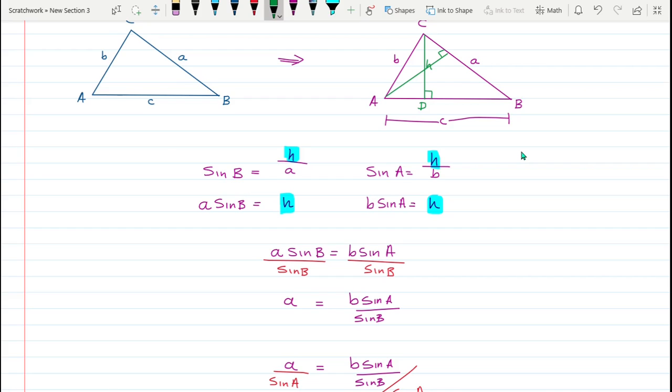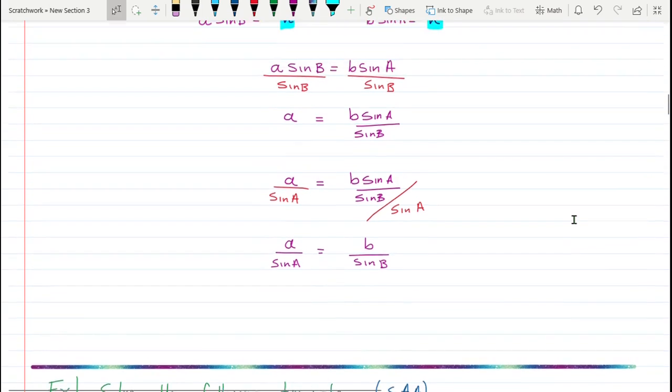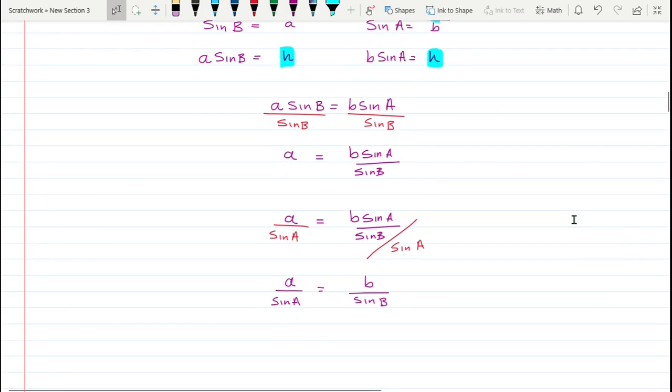And then that would allow us to create another relationship and thus be able to come up with c over sine of C. So this is how we derive that relationship. It's quite simple, so it's good to get in the habit of trying to understand where things come from. It makes it easier for you to remember it, and really you're not trying to memorize things, you're trying to understand how they work.